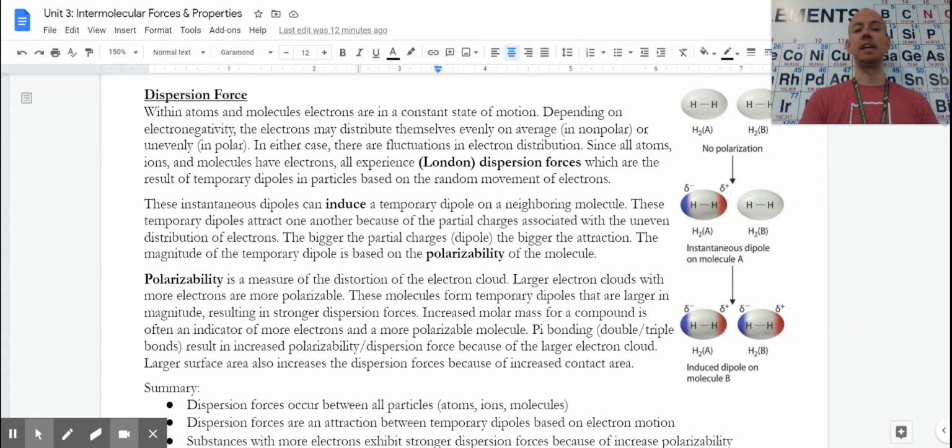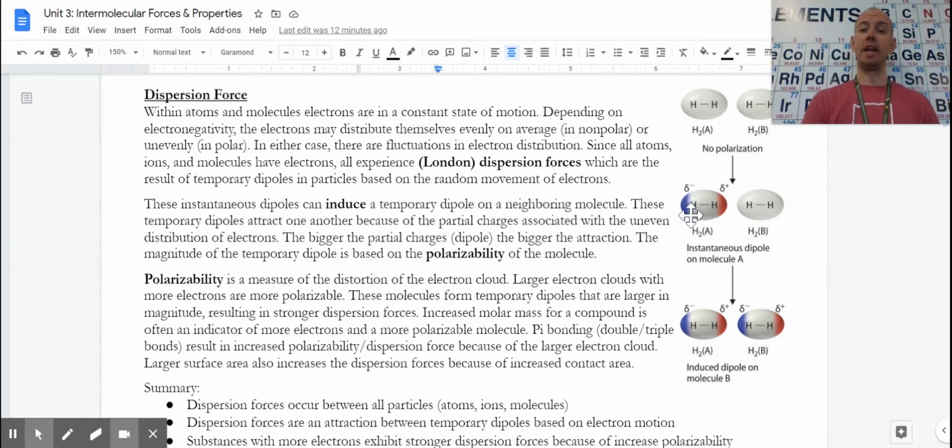That can then induce, and we used the word induced on the previous one, and we'll use it a lot here, or force a temporary dipole on another. The bare nucleus on this hydrogen attracts the electrons that were shared equally in the neighboring hydrogen molecule, pulling the electrons more to this side and then pulling them away from this side.